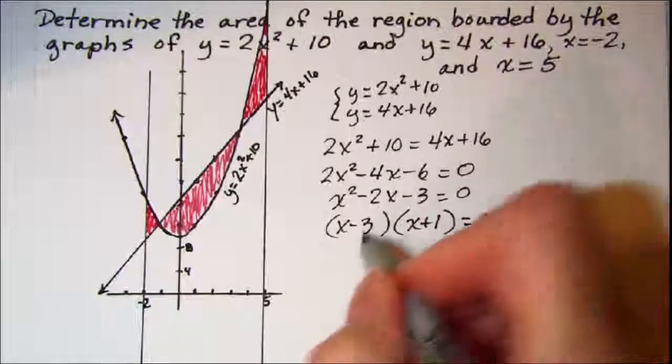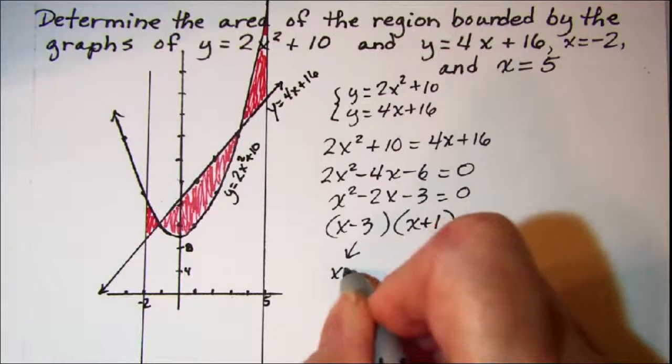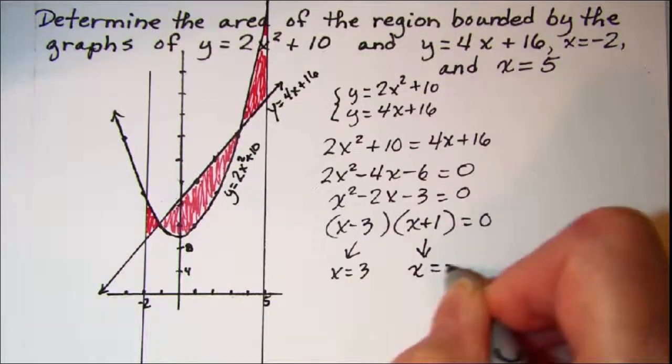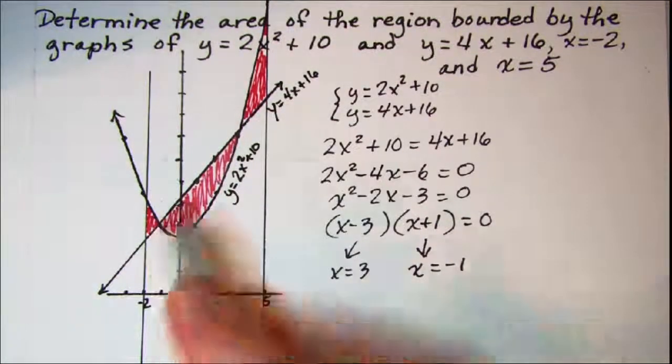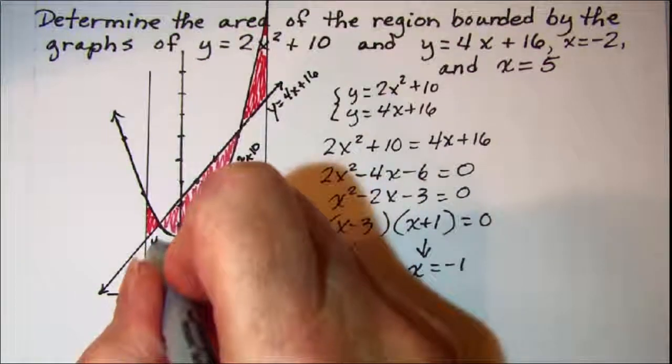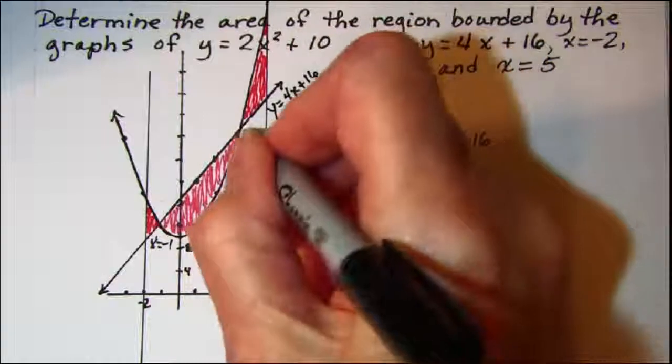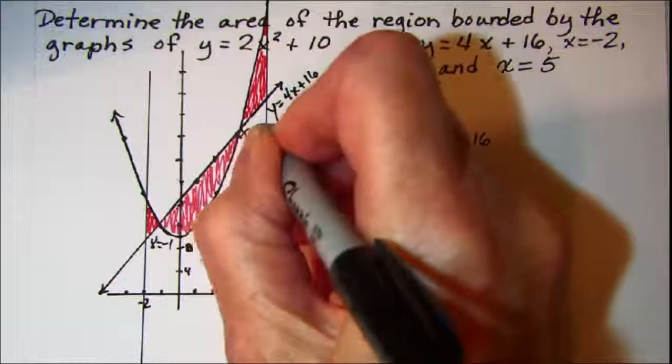So this tells me that x equals 3 and x equals -1. So this point is at x equal -1, and this point is at x equal 3.